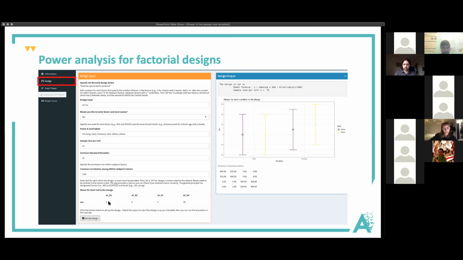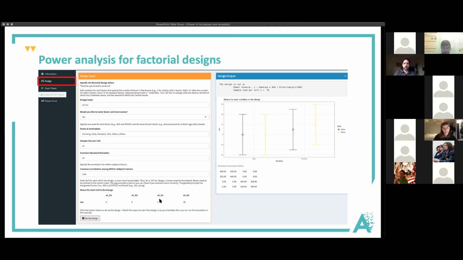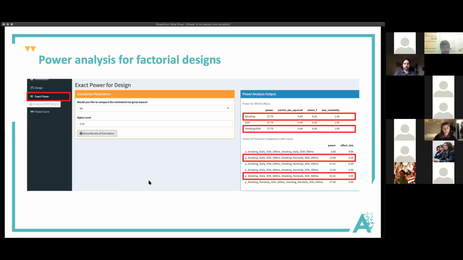My personal approach is I like to express it relative to 0, because then the difference will essentially be expressed like Cohen's d, in standard deviations. Because if you know there is a 5 millisecond difference between daily and non-daily in one group with a 20 millisecond standard deviation, that is really straightforward.